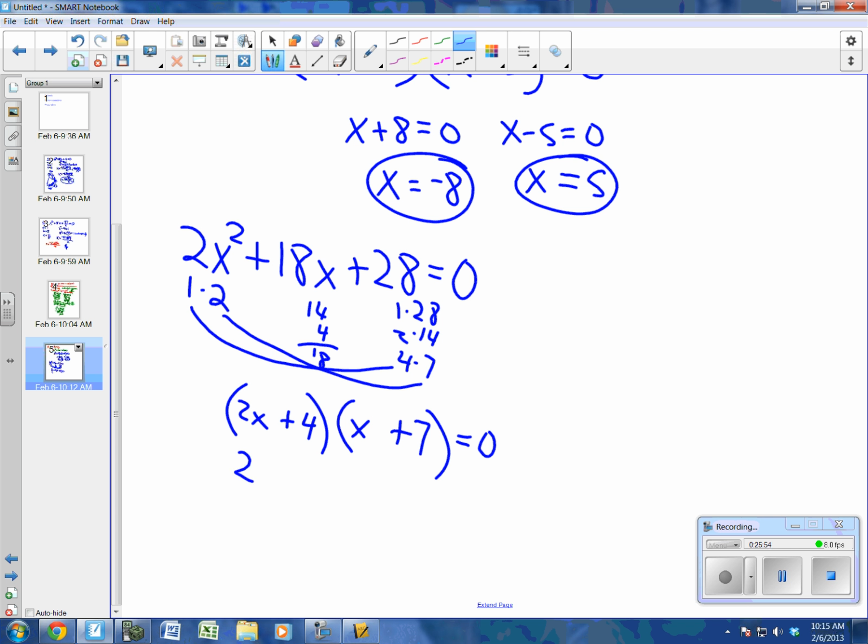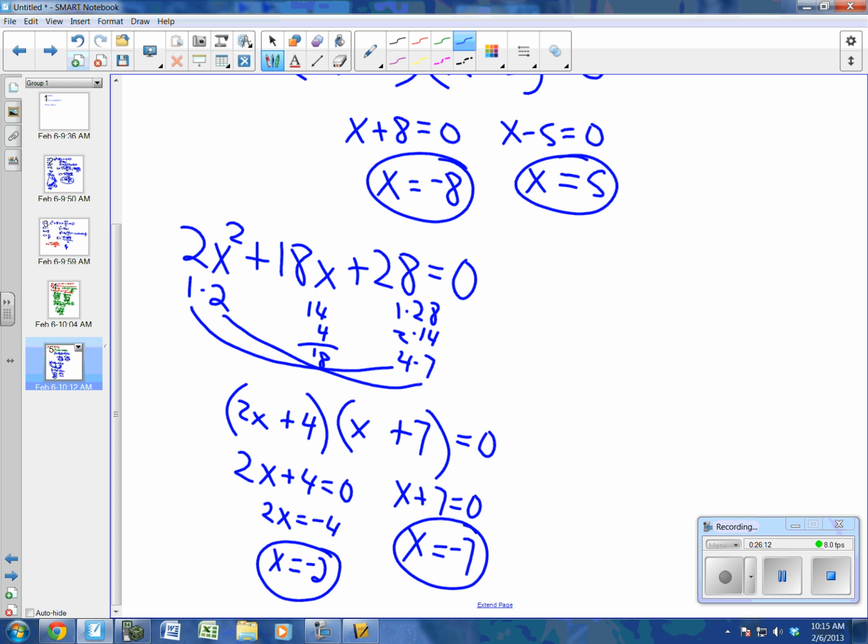And then I can set each factor equal to 0 here. I can subtract 4 from this one, and then divide by 2 to get negative 4 divided by 2, which is negative 2. There's one of my answers. And over here, I can subtract 7 to get negative 7. And there's an answer right there. So those are my 2 answers.